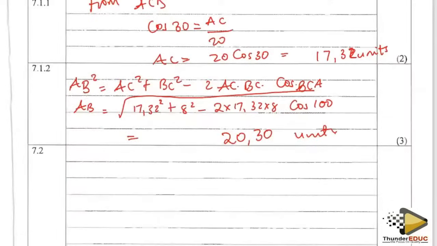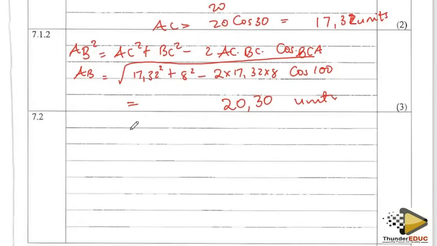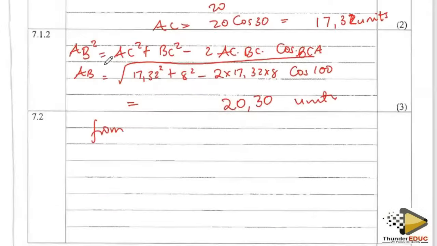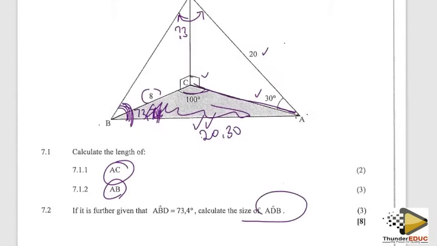From our sine rule, which triangle are we using? Triangle ABD. Since we're looking for an angle, I'll start with the angles.